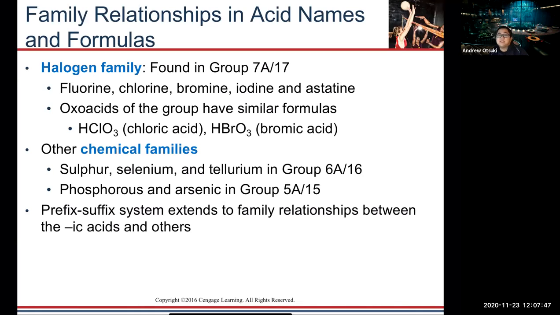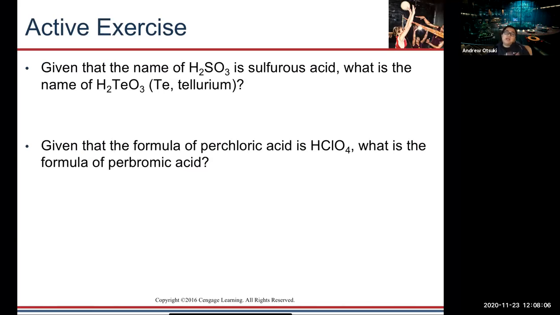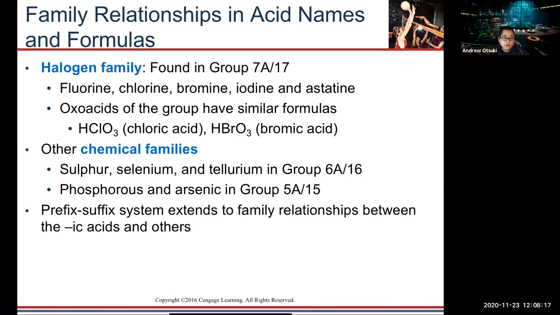There's going to be a prefix and suffix system that shows the relationship between the name and the chemical formula, and between specific prefixes and suffixes and their relationship to others based on the formula. Say that we know that H2SO3 is sulfurous acid. What is the name of H2TeO3? Remember, tellurium is in the same family as selenium and sulfur, so we can use that to predict the name for this compound.